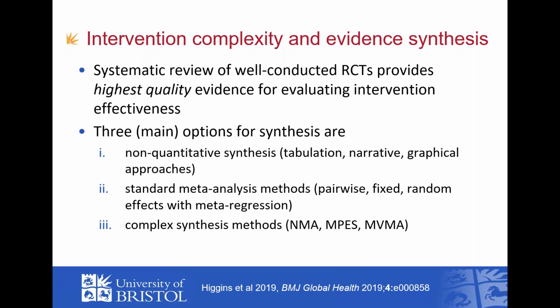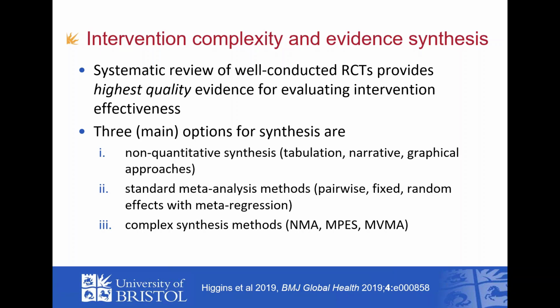In a 2019 review of the methods of looking at systematic reviews and quantitative synthesis of complex interventions, Julian Higgins et al. laid out the synthesis options that we have available if we are doing a review where we have intervention complexity.